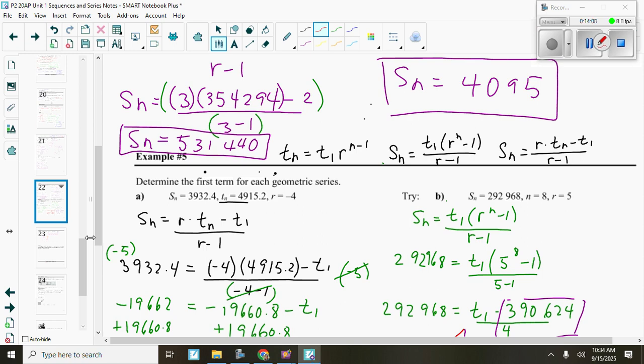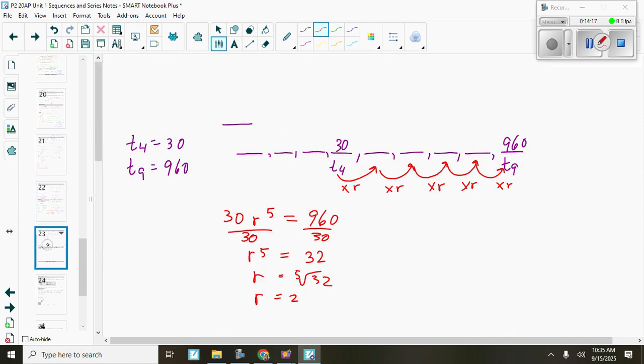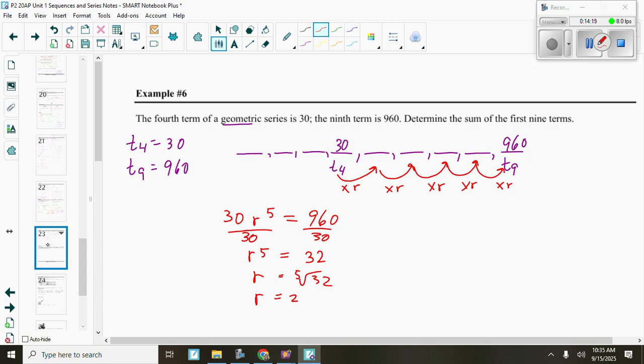It doesn't explicitly say what is term 1, right? So after you find the common ratio, you would then just need to take it back to your diagram, and remember that if I go this way in order to find term 1, when I go to the right, I'm multiplying by R, and when I go to the left, I'm dividing by R.